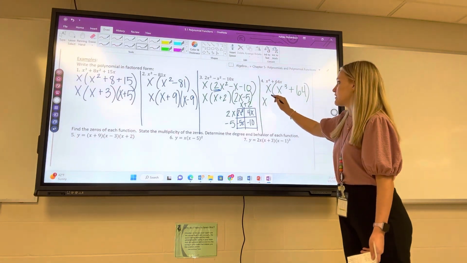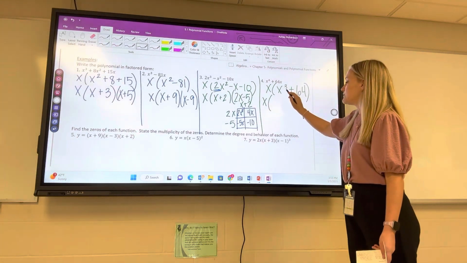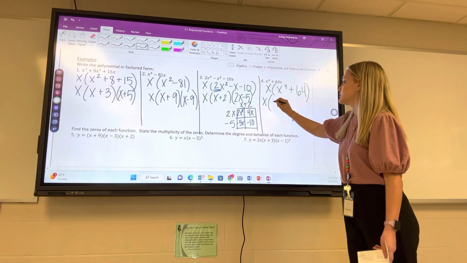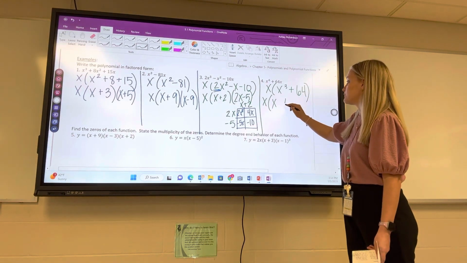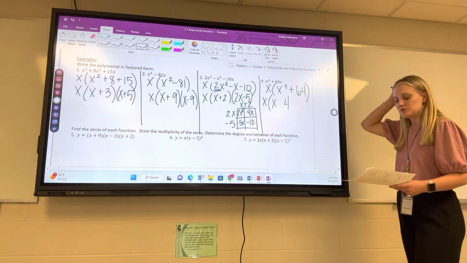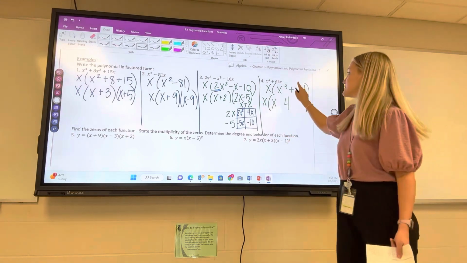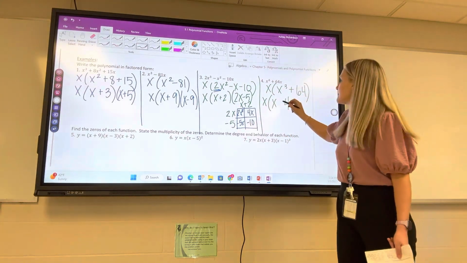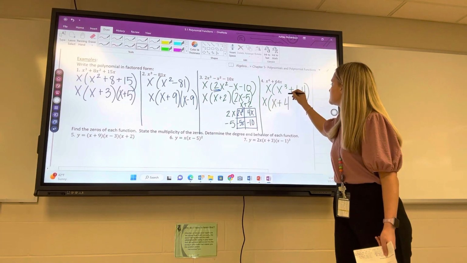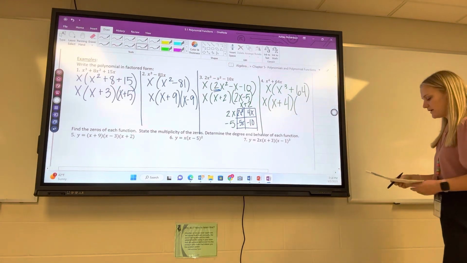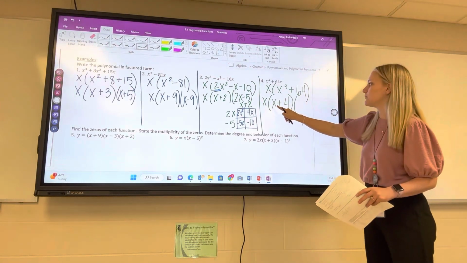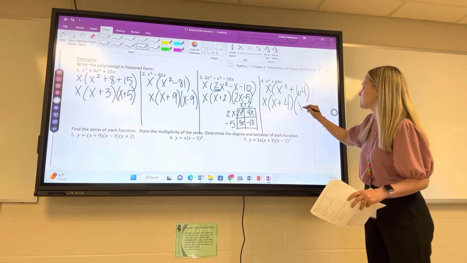So we're going to keep this x out front. And then remember, the cube root of x cubed is x, and the cube root of 64 is 4. Then this is when you do the same, opposite, plus for the signs. Since this is a plus sign, the same sign is a plus. And then for this part, you do the first number squared, so it's going to be x squared.